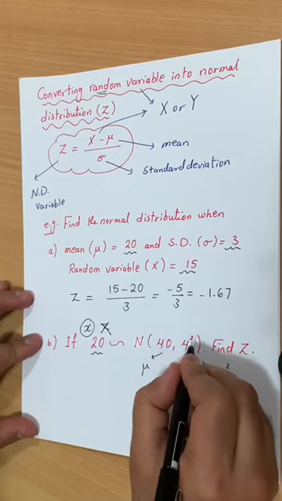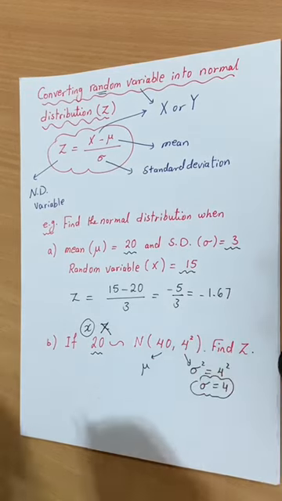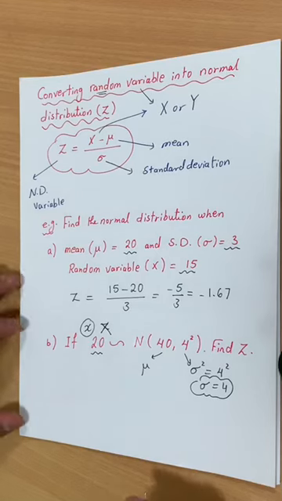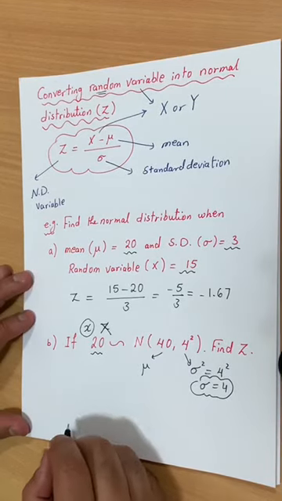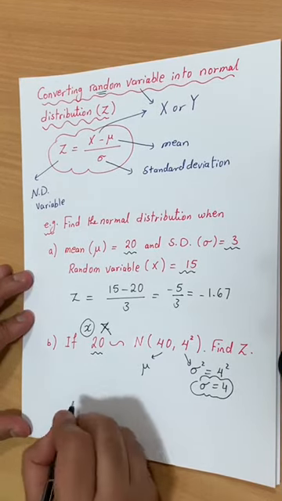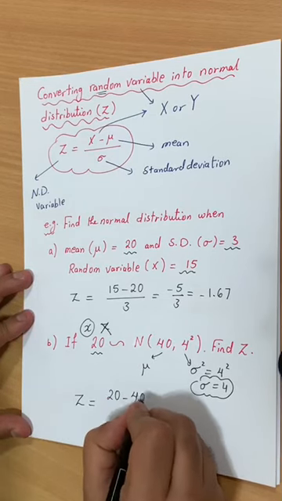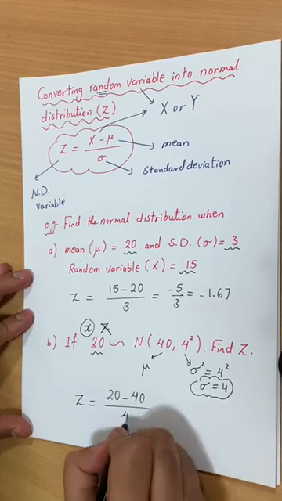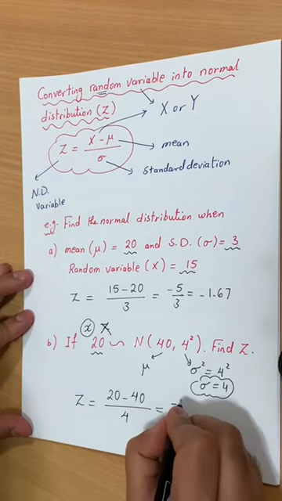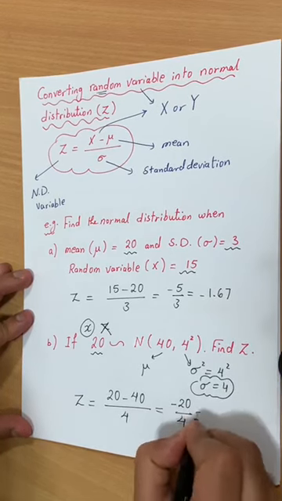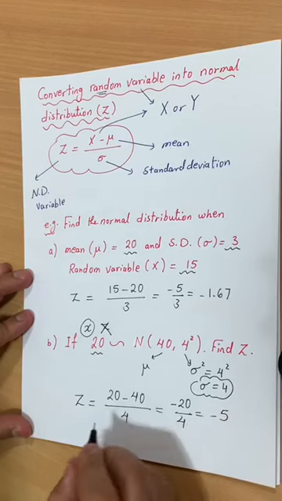So if a number is given without the power of 2, you're supposed to take the square root. Use the table: X is given, but we need to find Z, so Z is equal to 20 minus 40 over 4. 20 minus 40 is negative 20, over 4, which is equal to negative 5.